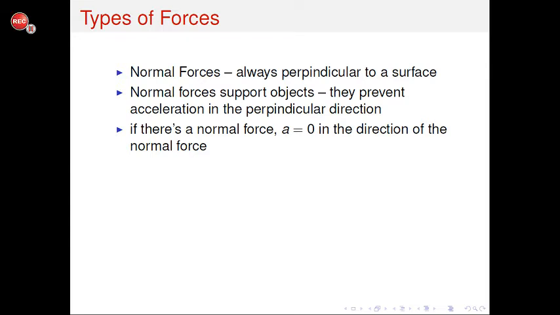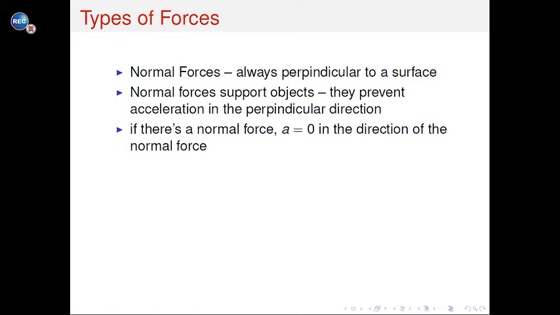You expect in the direction of a normal force, the acceleration should be zero, but that makes an assumption here. And that assumption is that the object providing the normal force isn't accelerating as well. You could think of something like being in an elevator.